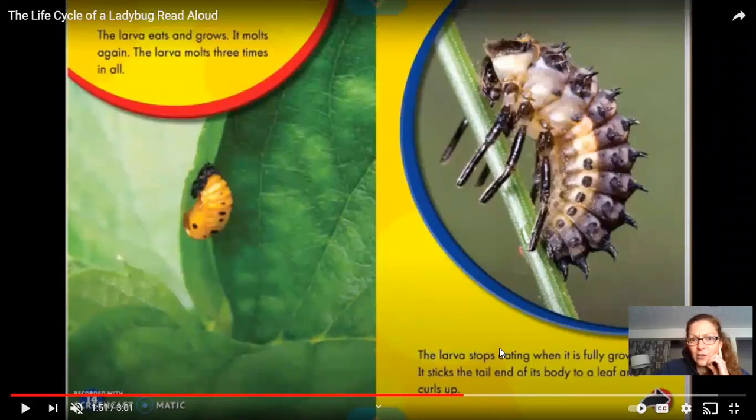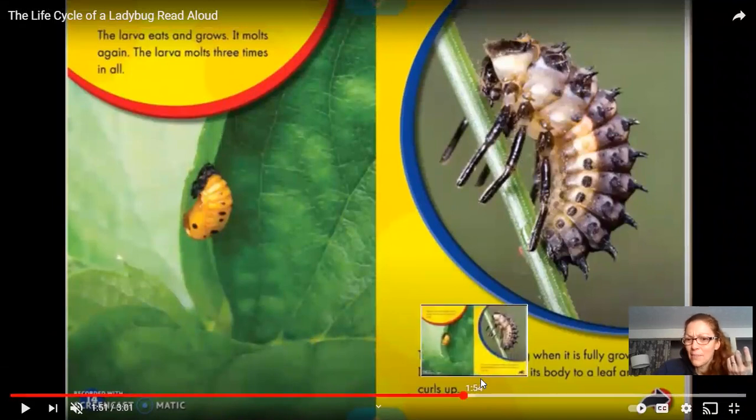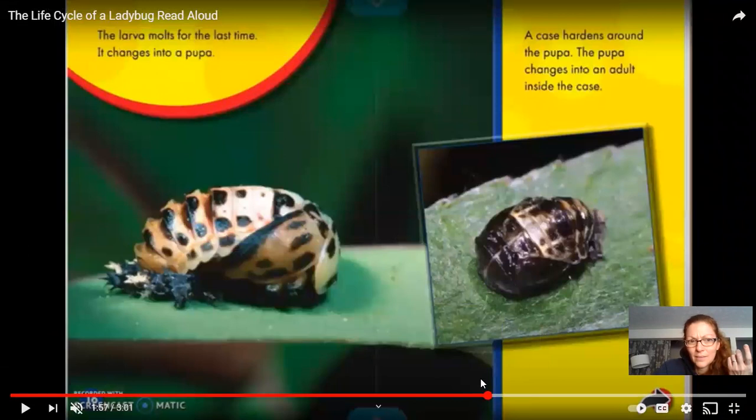This is a strange life cycle. We have the egg and we have the larva. What's happening after that? The larva molts for the last time. It changes into a pupa. So look, this is the larva skin molting. A case hardens around the pupa. The pupa changes into an adult inside the case.